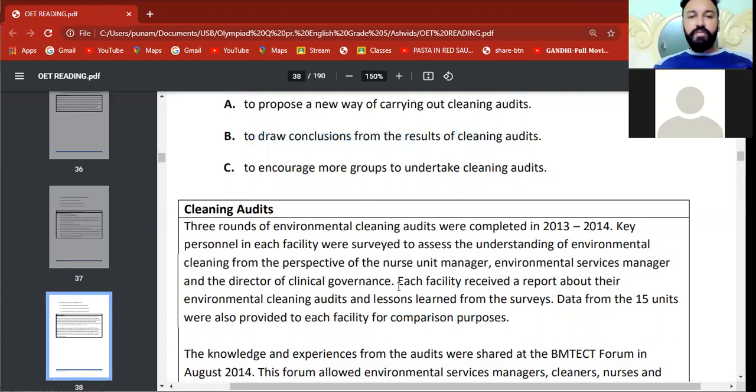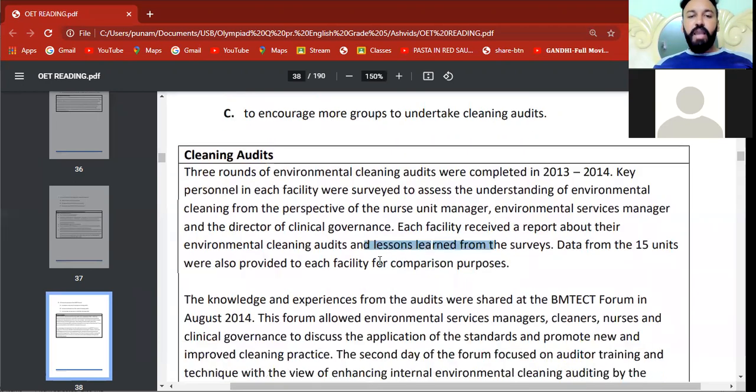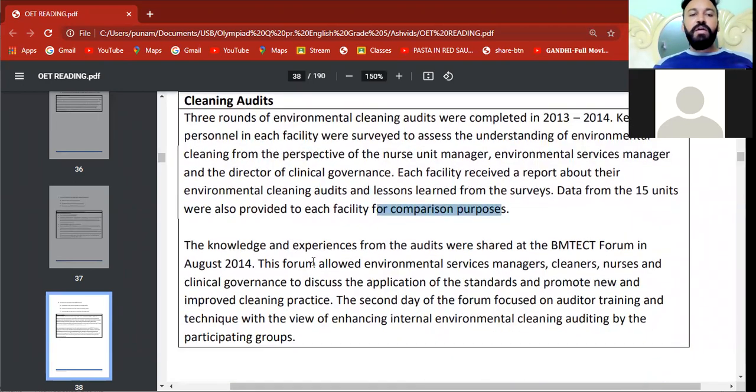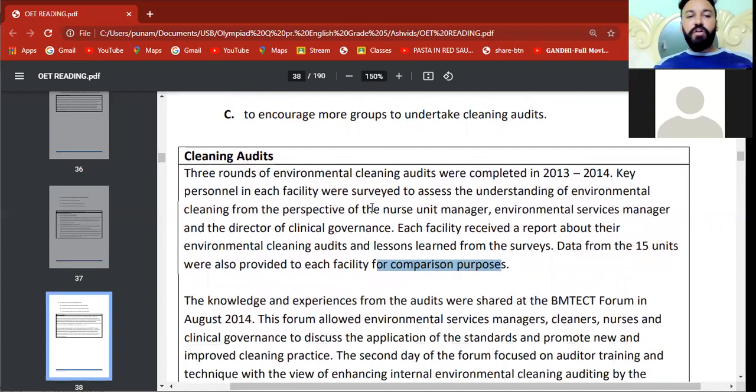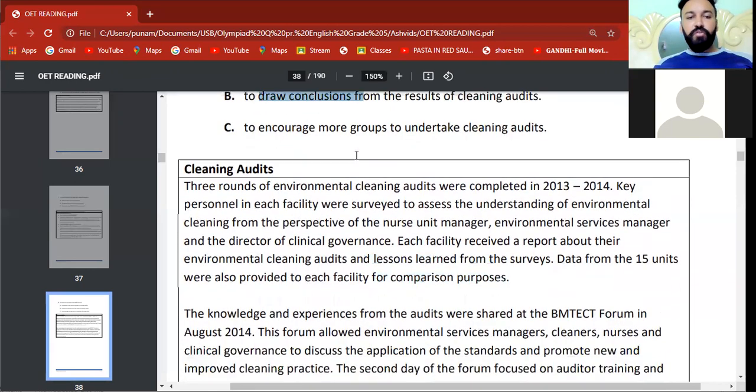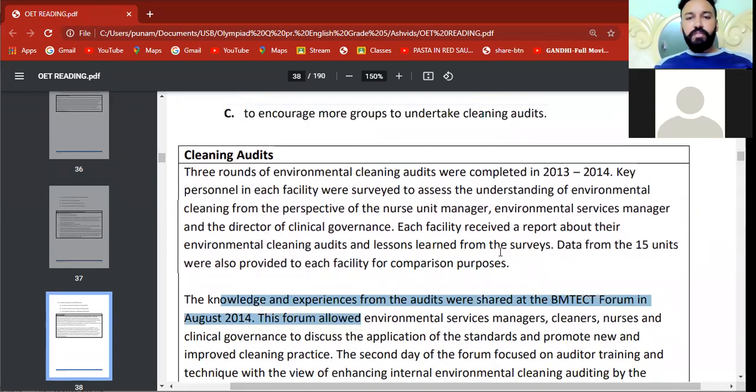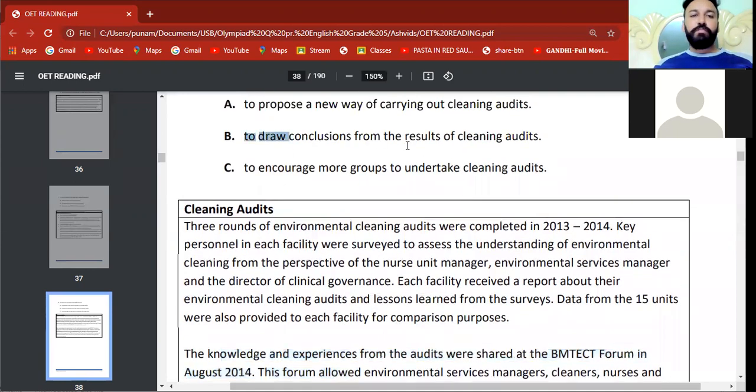These are the results. Report about their environment, lessons learned, and comparison, and then knowledge and experience from the audits were shared. So what was drawn? Conclusion: is it knowledge and experience? Is it related to this? Yes, sir. So therefore the answer is B.